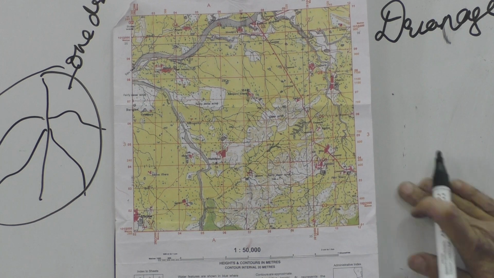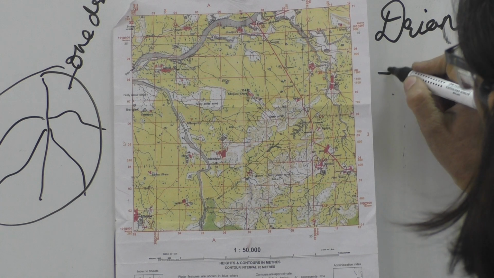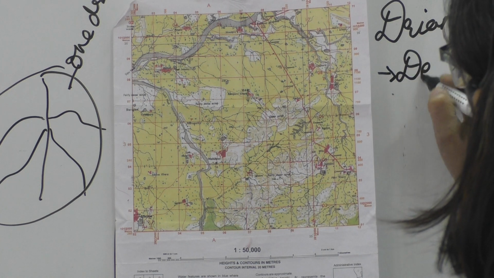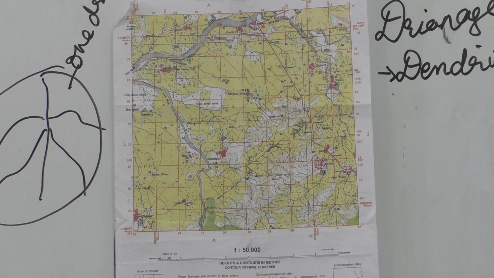Now, when we are discussing the drainage, the first type of drainage pattern that can be seen on the topo sheets is the dendritic drainage pattern, which generally develops in a region where the rocks below are of the same nature.